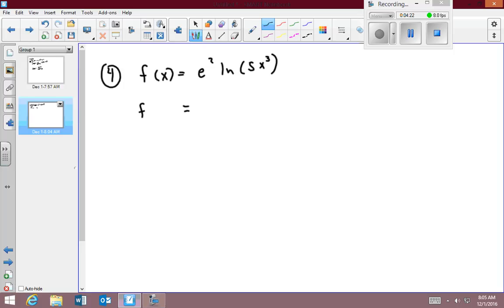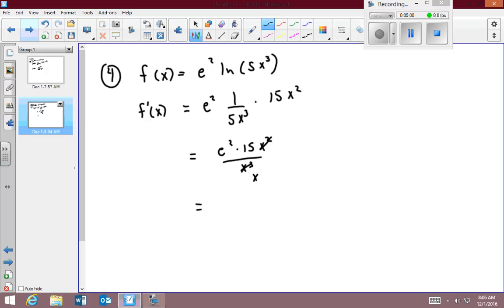So if you do the first derivative, it's going to be e squared, and then it's 1 over that argument, 1 over 5x cubed, times the derivative of the argument. So that's going to be 15x squared. So it's e squared times 15x squared over x cubed, and then this is going to just leave us x.